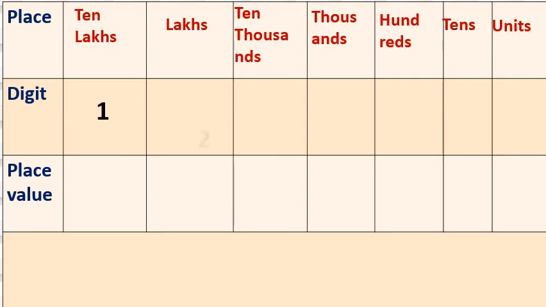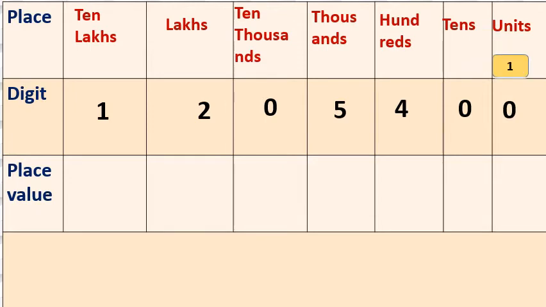We will write here 1, 2, 0, 5, 4, 0 and 0. See, observe this number. Now we will write the place value of each digit because this is very important. If you know this properly, you can read any given number. Maybe it is 9-digit, maybe it is a 10-digit number. So please give attention here.